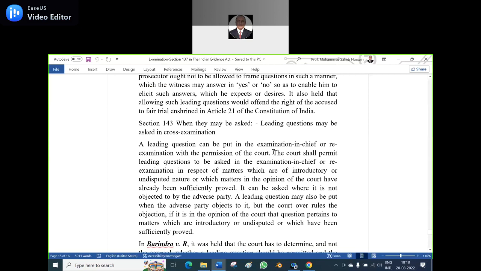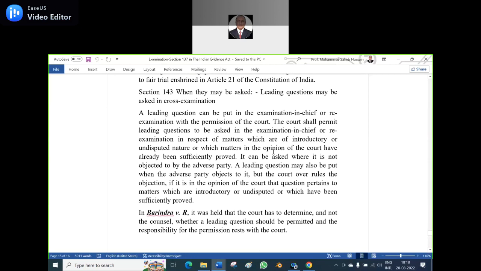Okay, now let us come to the point here. Section 143, when leading questions may be asked in cross-examination. A leading question can be put in the examination in chief or re-examination with the permission of the court. The court shall permit leading questions in the examination in chief or re-examination in respect of matters which are of introductory or undisputed nature, or which in the opinion of the court have already been sufficiently proved.